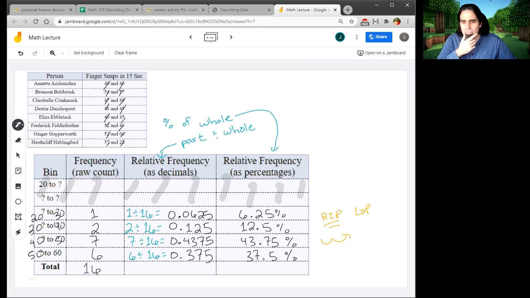Why would I care about the relative frequency? What's wrong with just the raw count of how many?